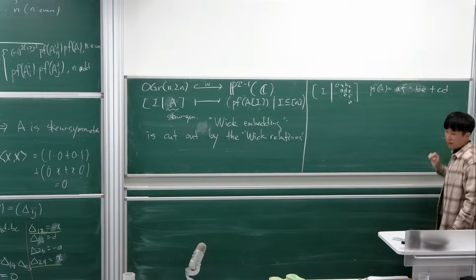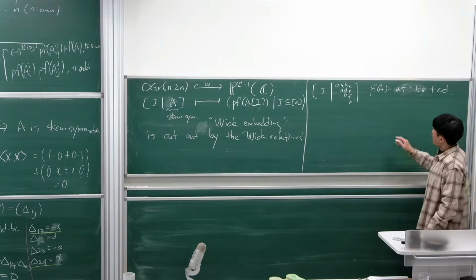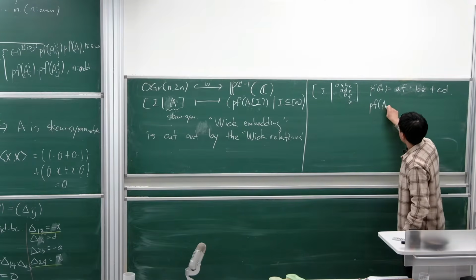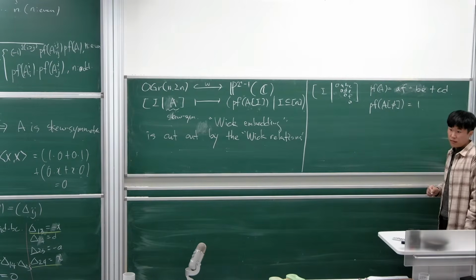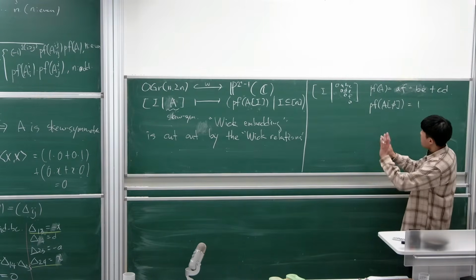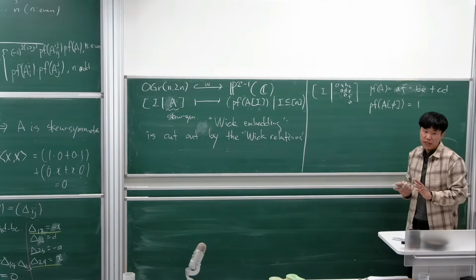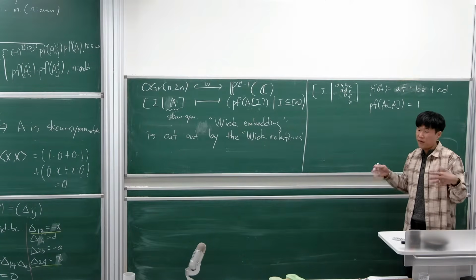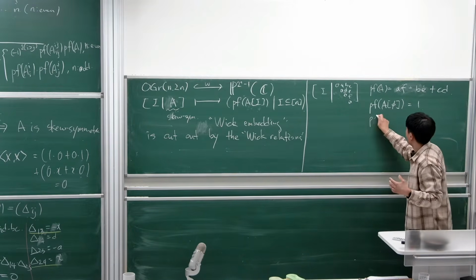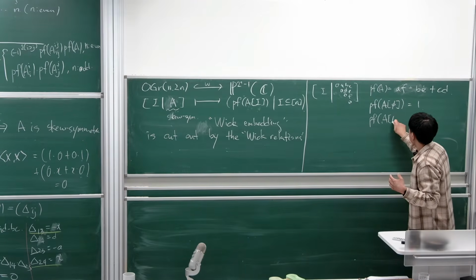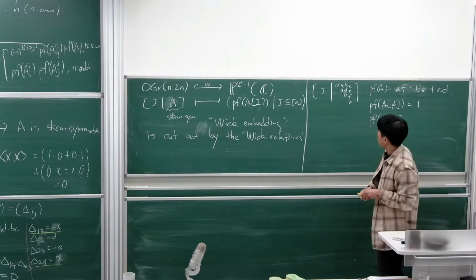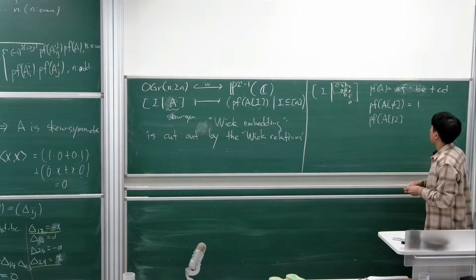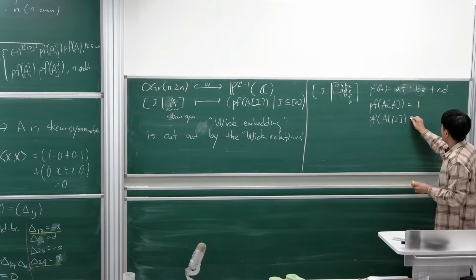The Pfaffian of the empty matrix is, by convention, equal to 1. And the Pfaffian of an odd size submatrix is always 0 by definition of the Pfaffian. The Pfaffian of the submatrix indexed by 1 and 2 is equal to A.